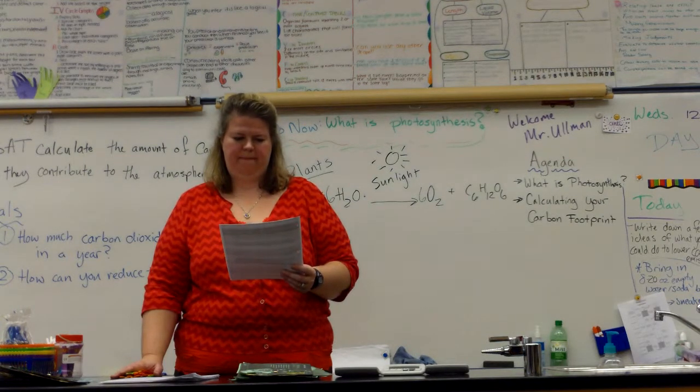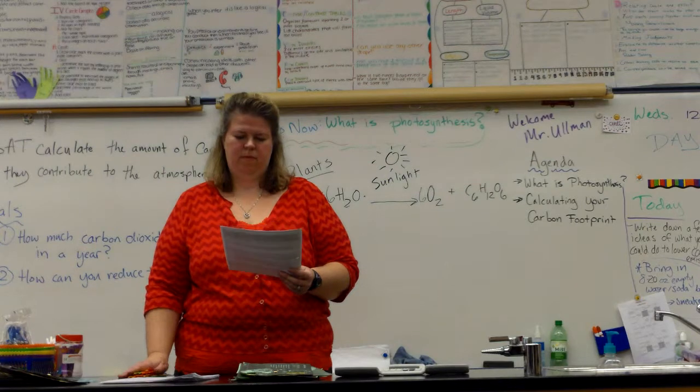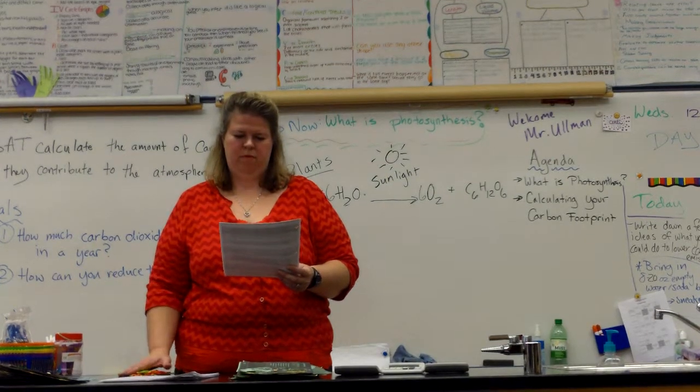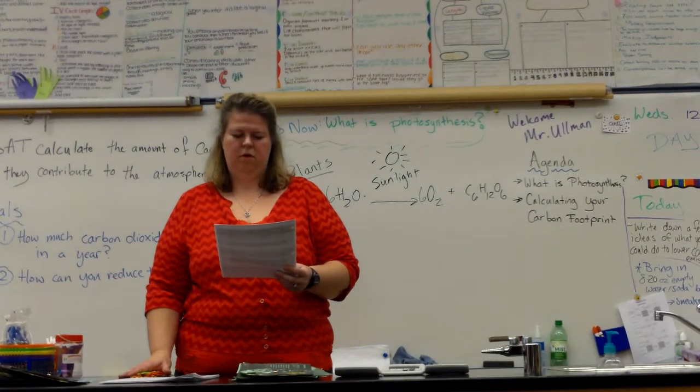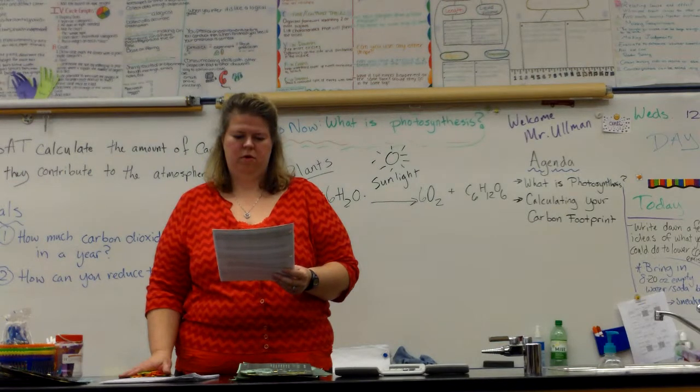Carbon dioxide is one of the gases addressed by this protocol. The recommended amount of carbon dioxide emissions per person is 5.5 tons per year. One ton equals 2,000 pounds. How much carbon dioxide do you produce a year? Can you reduce the number?